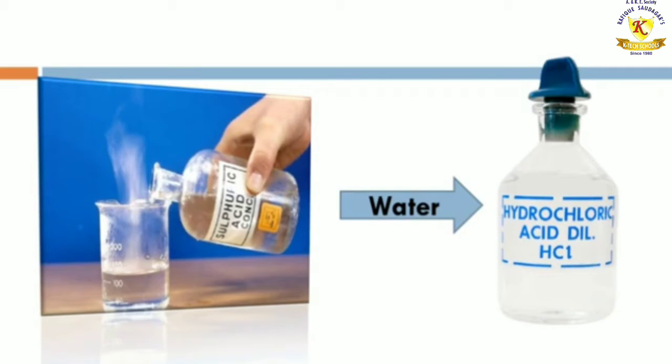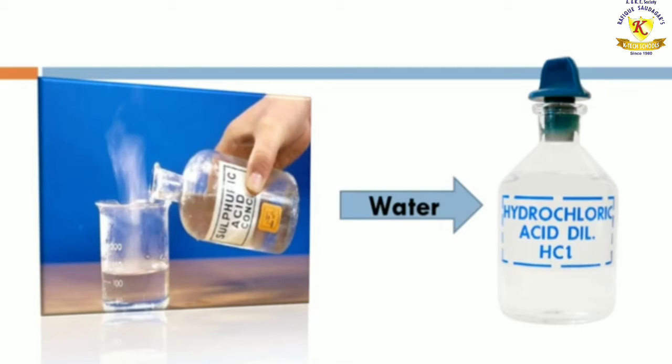If we add water slowly to these concentrated acids, they can be converted into their dilute form, and such dilute acids are less harmful than their corresponding strong acids.